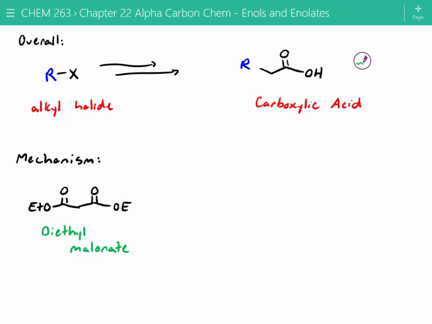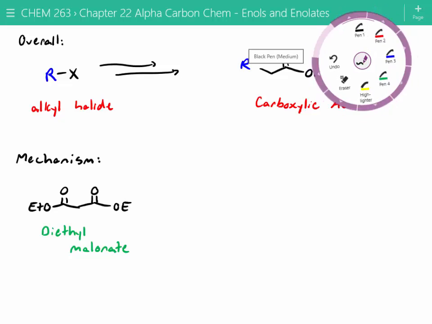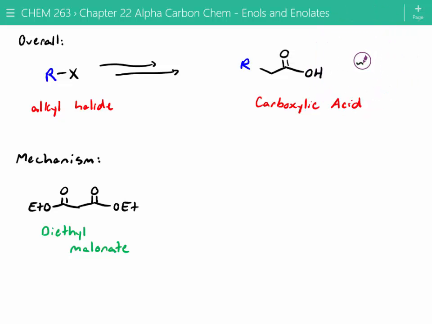If you guys remember, this is similar to malonic acid, and so it's called diethyl malonate. And then in the next step, what we're going to do is deprotonate it using sodium ethoxide. And which protons will it grab? The central ones. They're really the only alpha protons we have. And because they're between two carbonyl groups, they're very, very acidic.